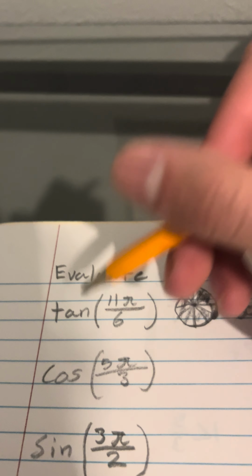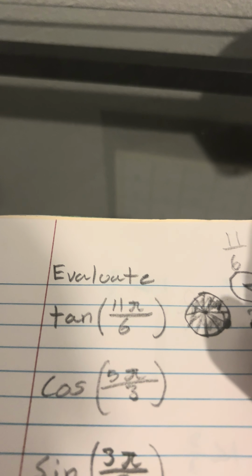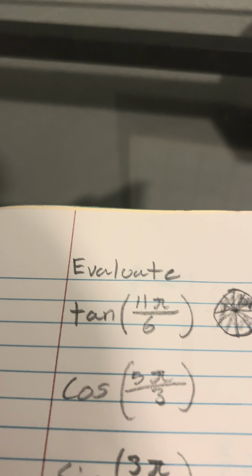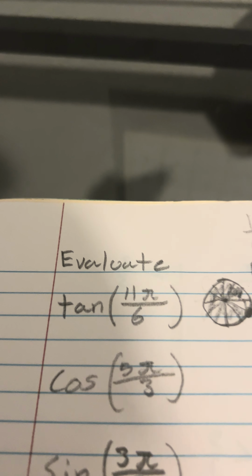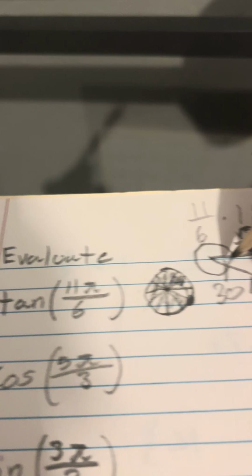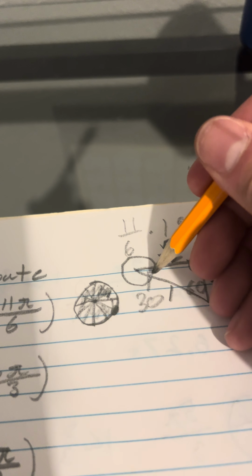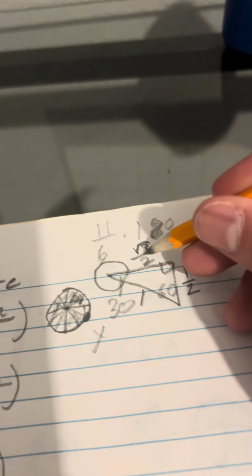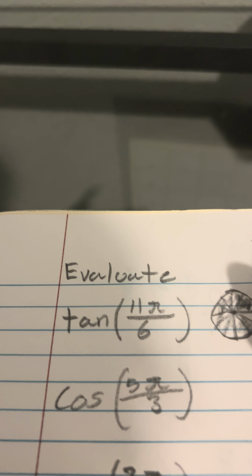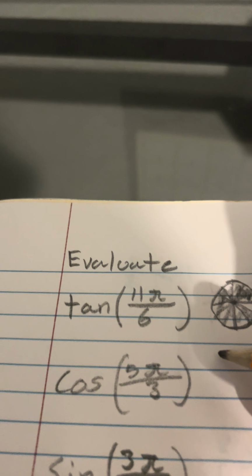Now, the tangent. Tangent is going to be the opposite over adjacent, which means that from this angle, the opposite being this 1/2, or the y, and then the square root 3 over 2, or the x, is equal to the tangent.